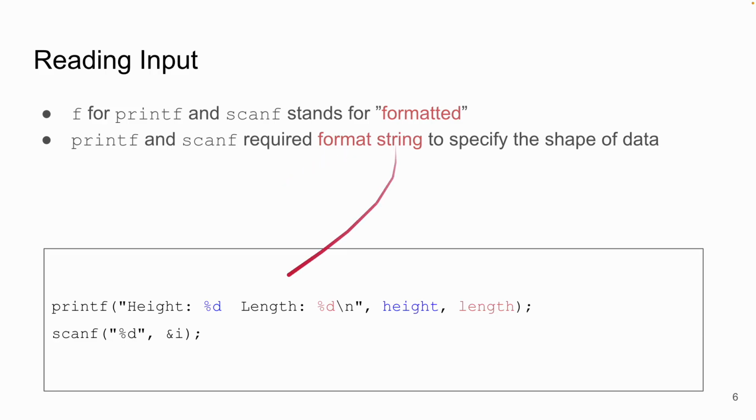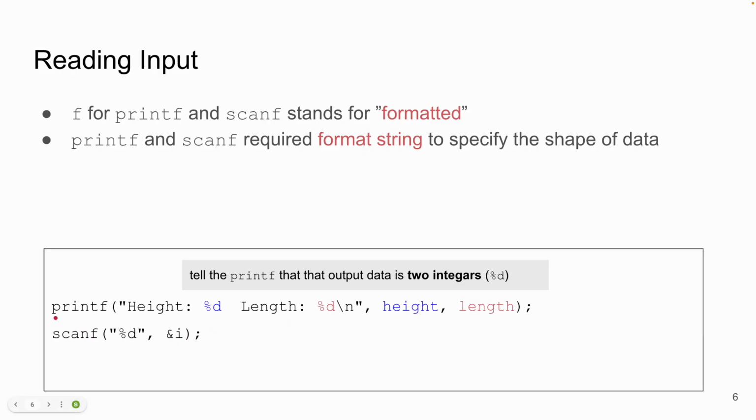So that is why if we see the string content %d, %f, or the other things, we call this string a format string, because this format string can specify what the input string or what the output string will look like. So that is why we have the abbreviation for formatted in printf and scanf.